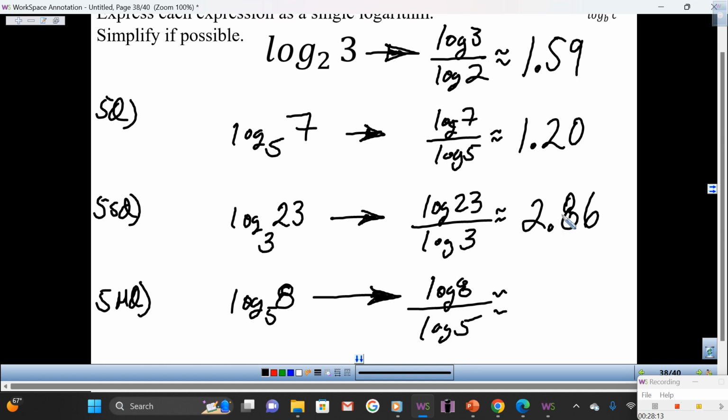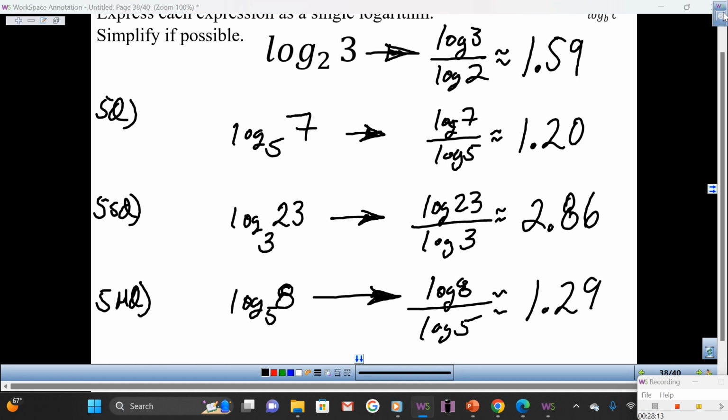Hands if you got that. Okay, looks about right. How about 5 Mega Q? What'd you get, 5 Mega Q? Zoe, what'd you get? All right. Juan, help her out. 1.29. Hands if you got that. All right, I think we got this, yes?